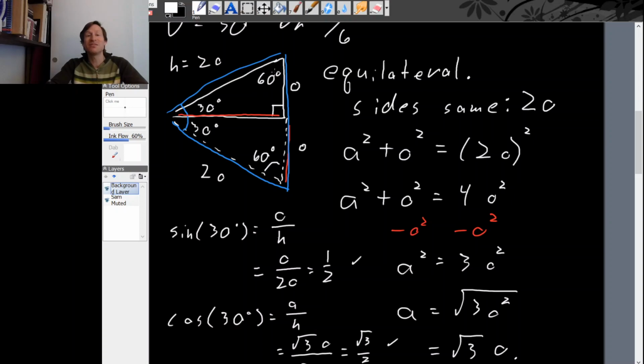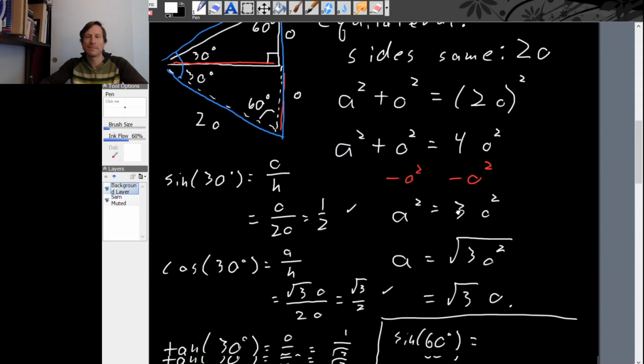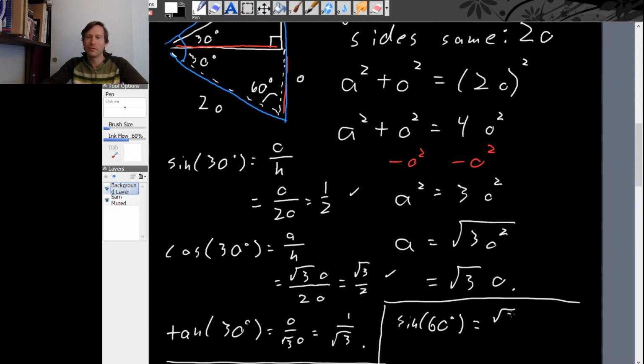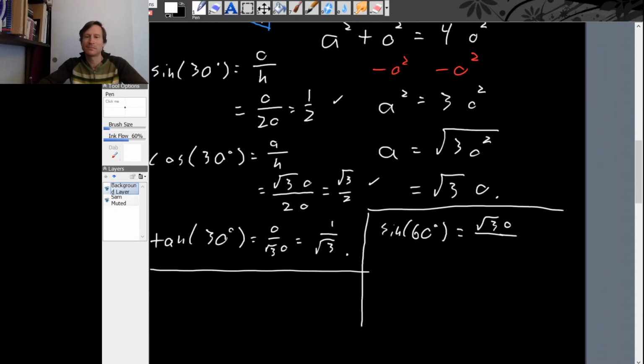So the side opposite the 60-degree angle is the red side, which is square root of 3 times O. So square root of 3 times O divided by the hypotenuse, and the hypotenuse is still 2 times O, and once you simplify the O's, you get square root of 3 over 2.